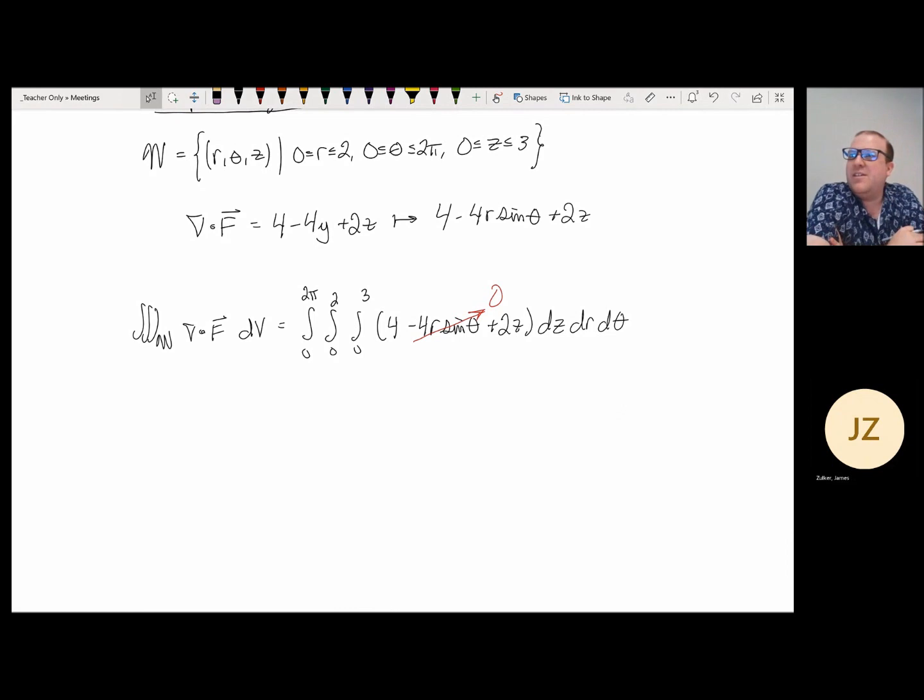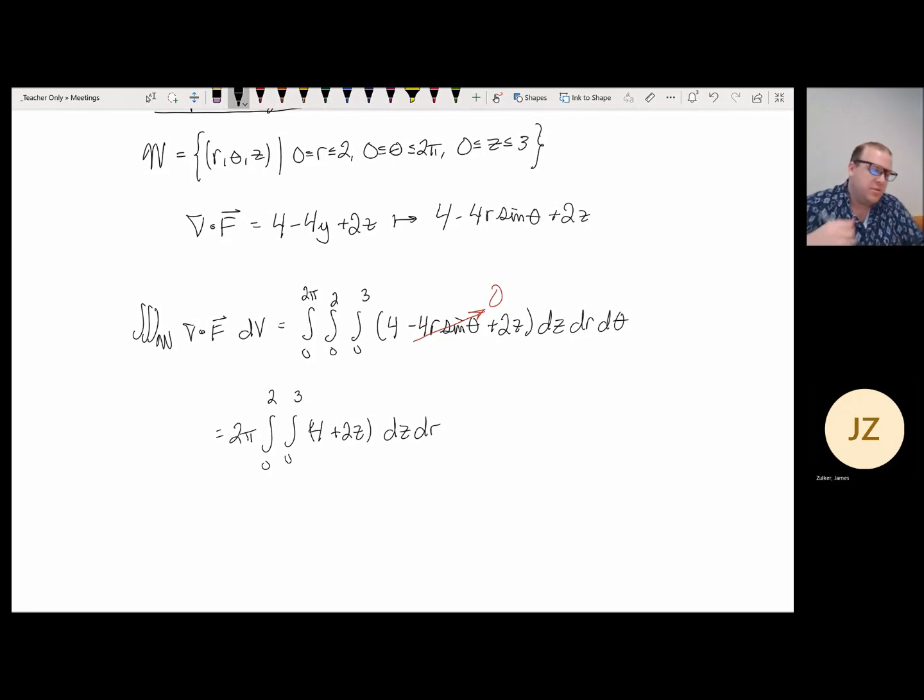Notice then there's nothing left for theta. Can integrate with respect to r.